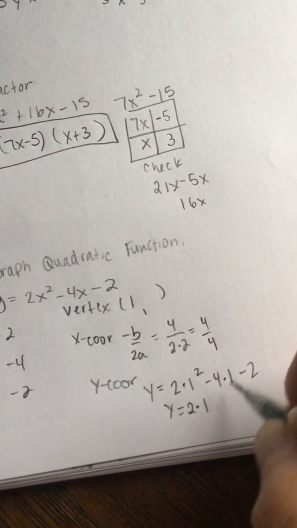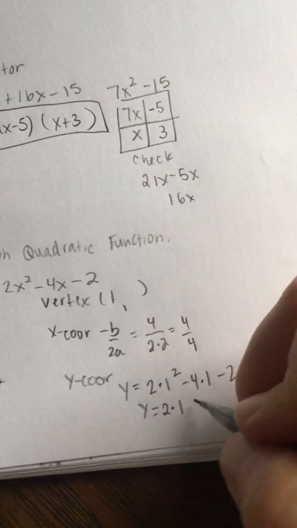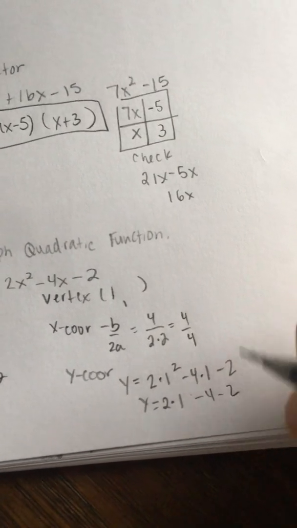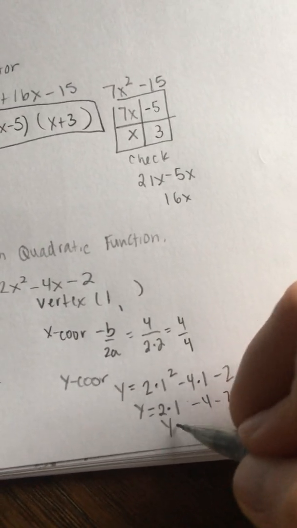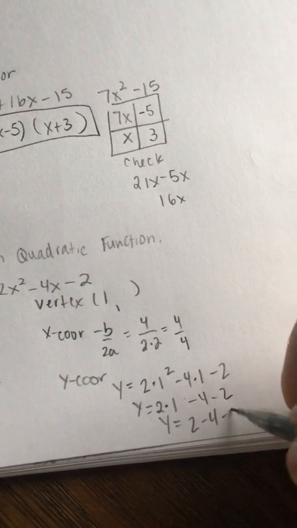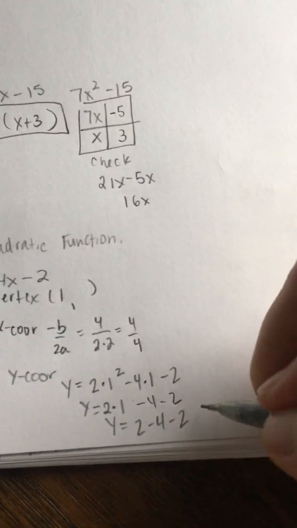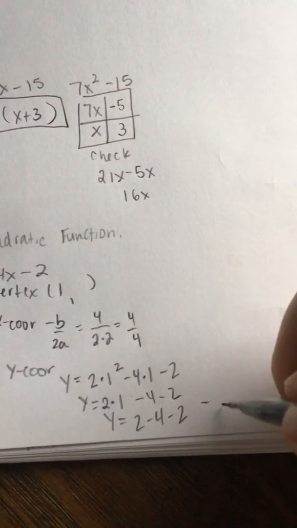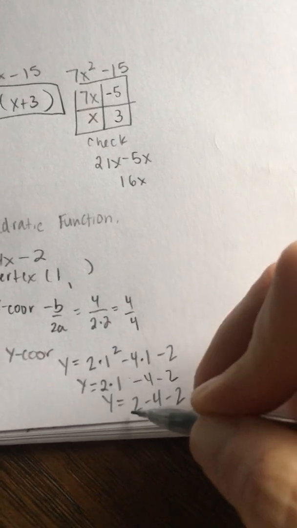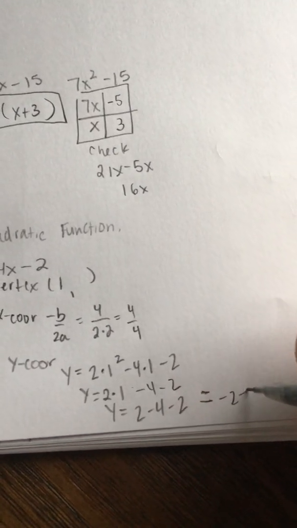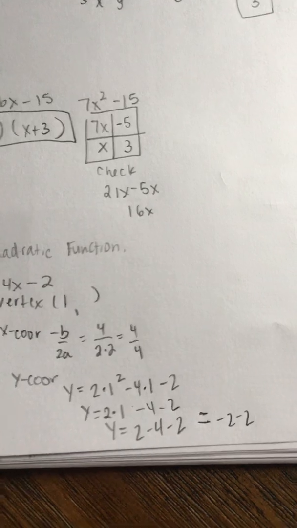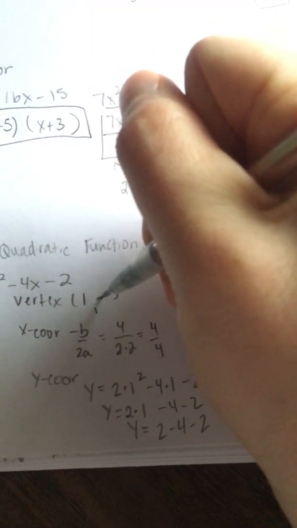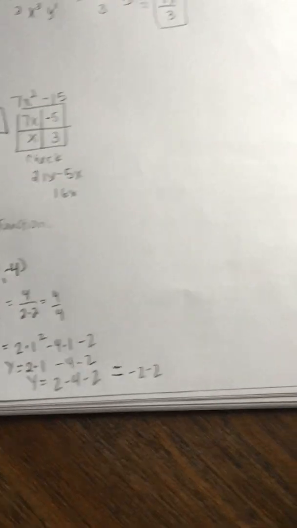I can multiply these to get a negative 4, and then the minus 2 falls behind. Multiply these to get 2. 2 minus 4 minus 2, which 2 minus 4 is a negative 2, and a negative 2 and a negative 2 is a negative 4. So my vertex is 1, negative 4.